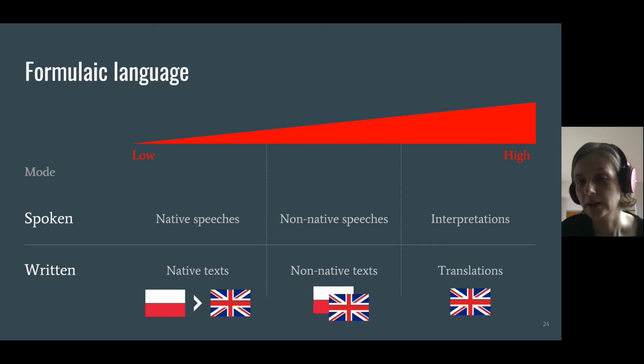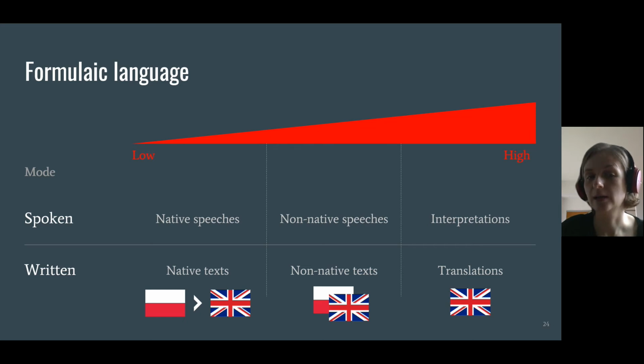And it turned out that interpreters and translators indeed do use more formulae in their text. And that also holds true for non-native speakers. And native speakers use the formulaic language the least.